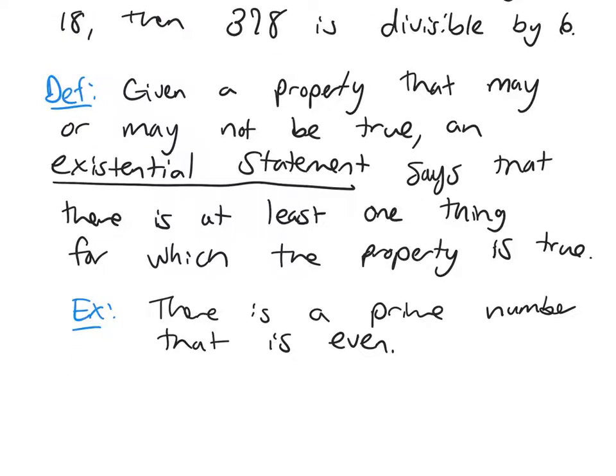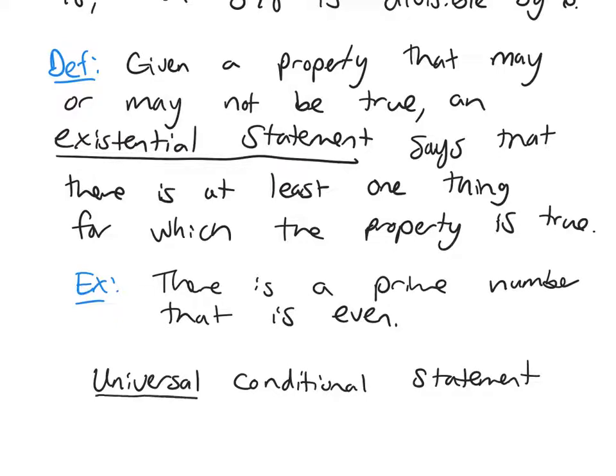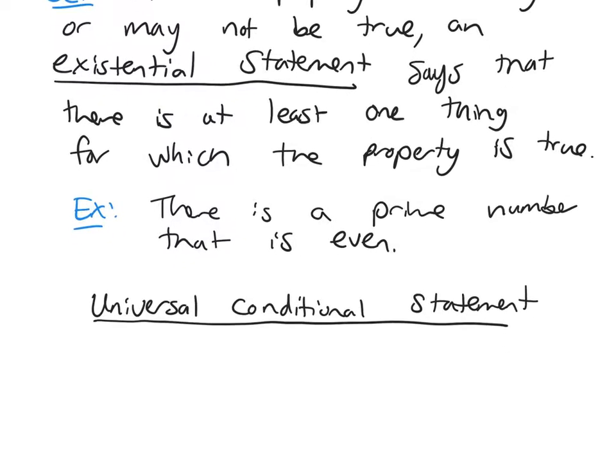All right, so we have those three types of statements, but now we can kind of combine some of these together. So now let's talk about, I'm not going to define these, we're just going to look at some examples. The first one is a universal conditional statement. So this would be a conditional statement that's also a universal statement.